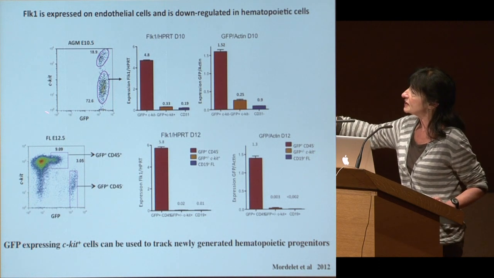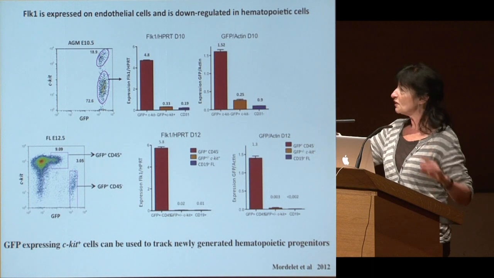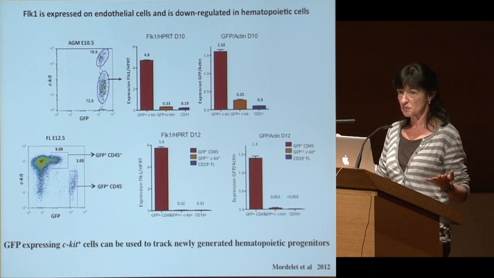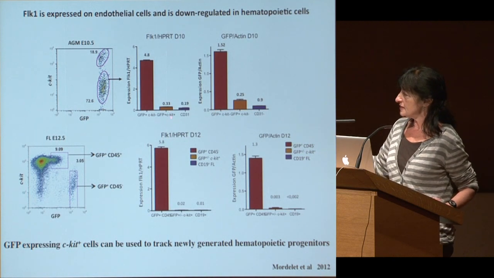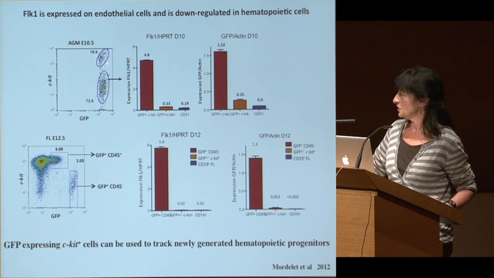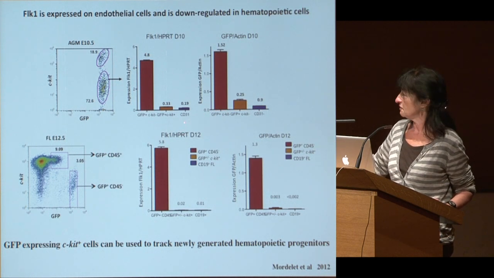Now, if you take them at this stage and sort them out and ask a very simple question: although they express very high levels of GFP, are those cells also expressing FLK1 at that stage? And the answer is no. Only the endothelial cells are expressing very high levels of FLK1. The KIT-positive cells are not expressing FLK1.